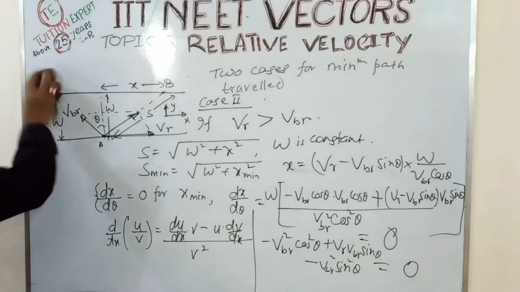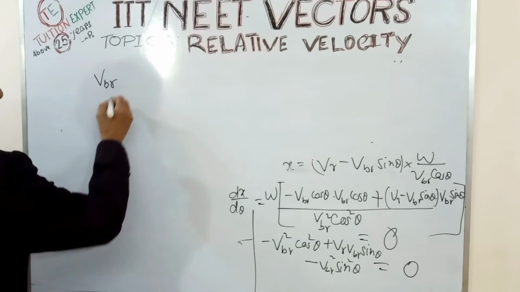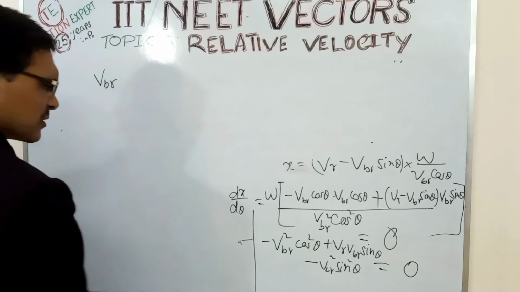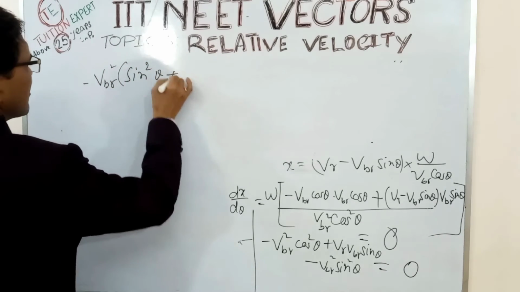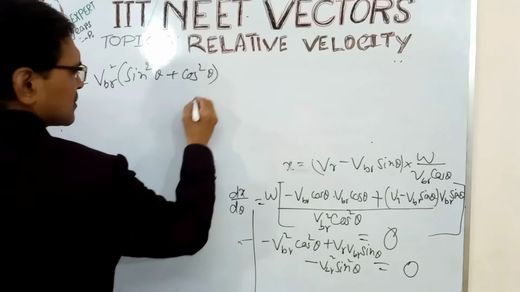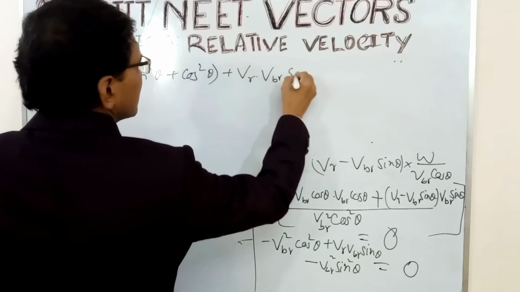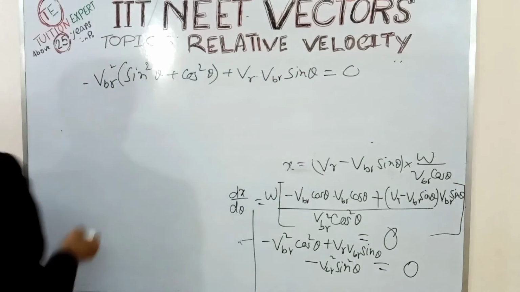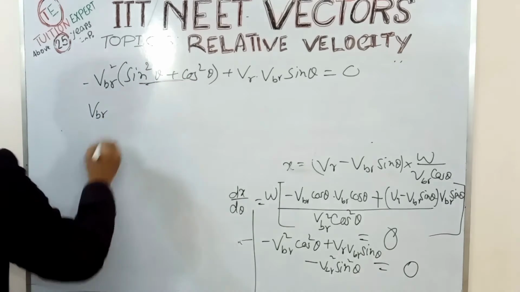This becomes 0. We take vbr common, vbr square, and the remaining term is 1.